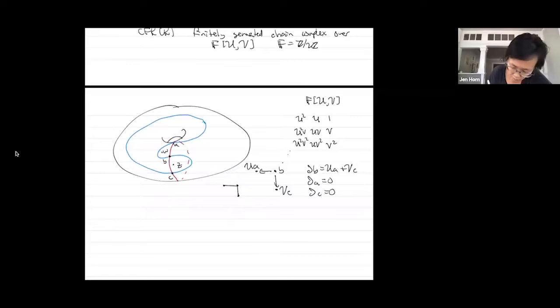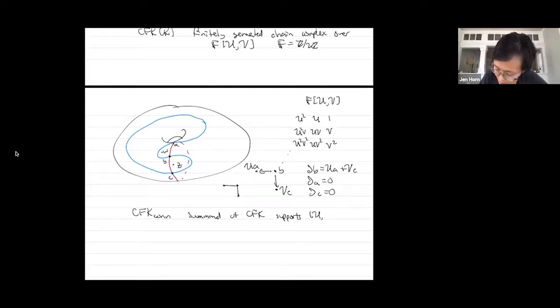So you can define something which we'll call CFK connected. Philosophically, you should think of this as the summand of CFK that supports the homology, maybe the homology after you invert U and V.